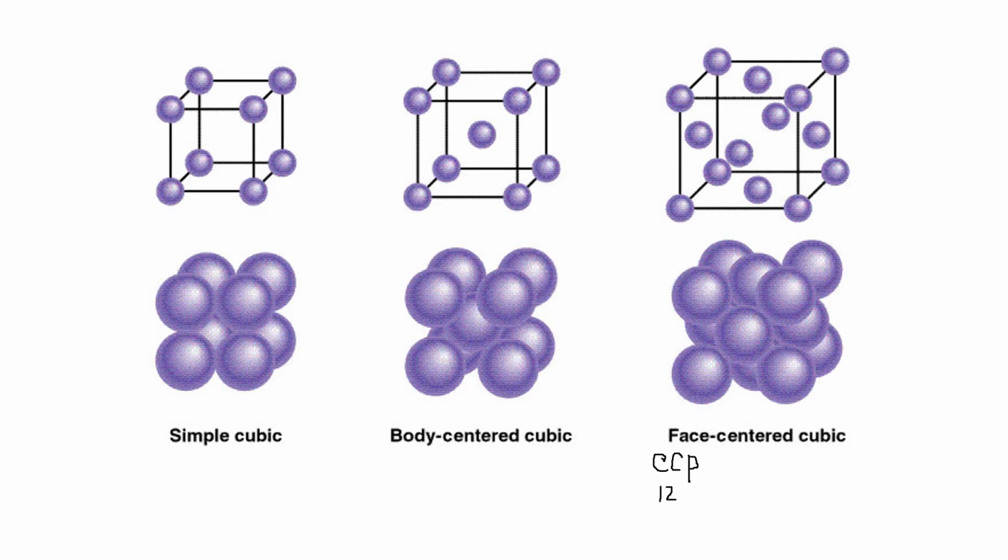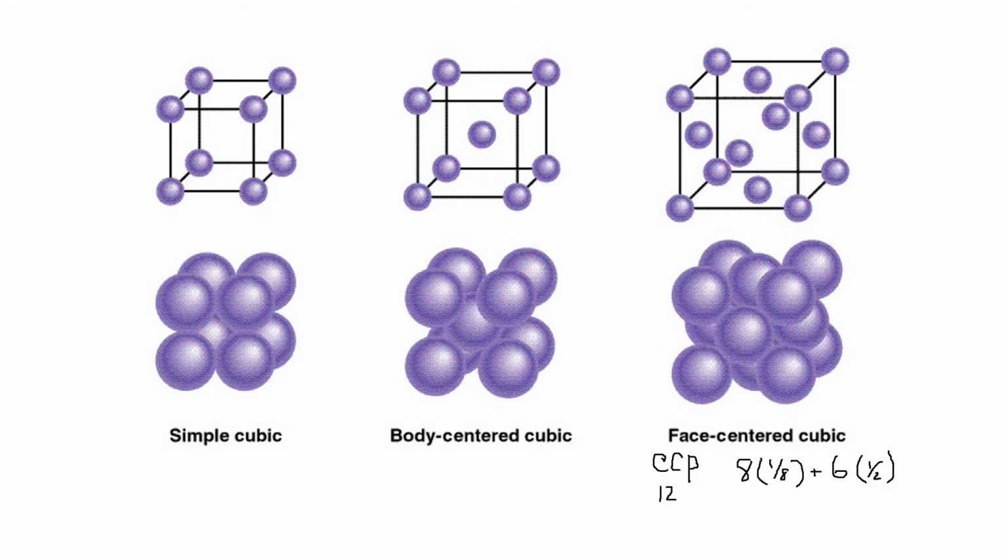And how many atoms are within the unit cell? Once again, we have those 8 corner atoms, of which 1/8 of those are in the unit cell. And then we have 6 face atoms, of which 1/2 of each of those is in the unit cell.